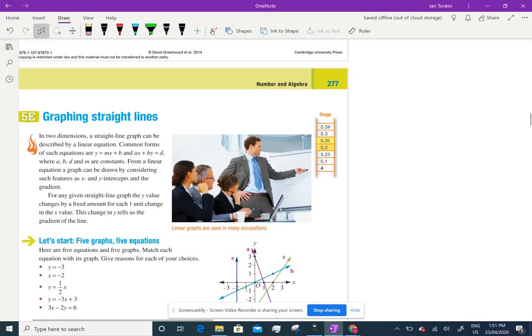A linear function can come in many forms. The standard form is not this method over here with this d. The general form, success criteria number 1, is we can write it as something x plus something y plus something equals 0, where a, b, and c are constants represented by a, b, and c, and the variables are x and y.